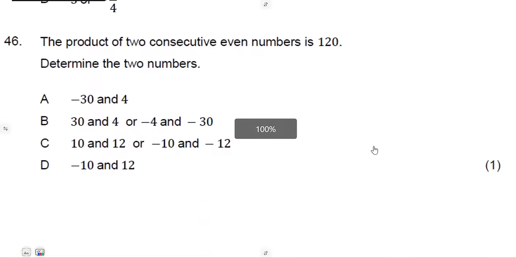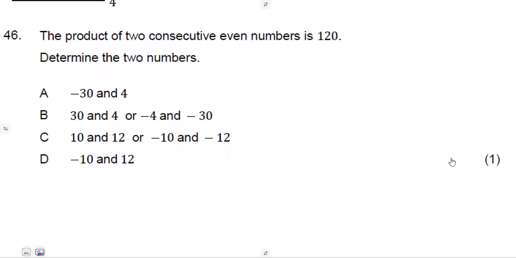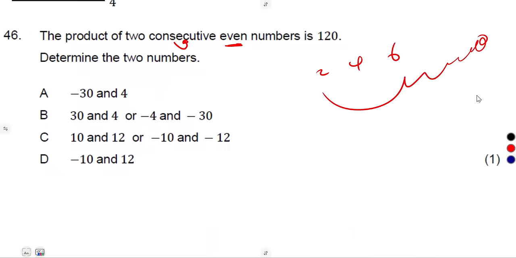Just know the basics. The product of two consecutive even numbers: consecutive, 2, 4, 6, following each other in that manner, but they are even numbers.